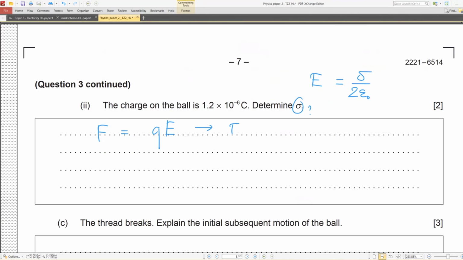The field is the force, 0.14, divided by the charge of the ball, 1.2 times 10 to the negative 6. Then using E equals sigma over 2 epsilon 0, we find sigma.